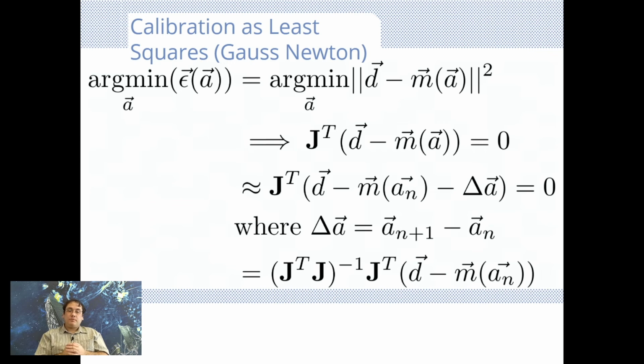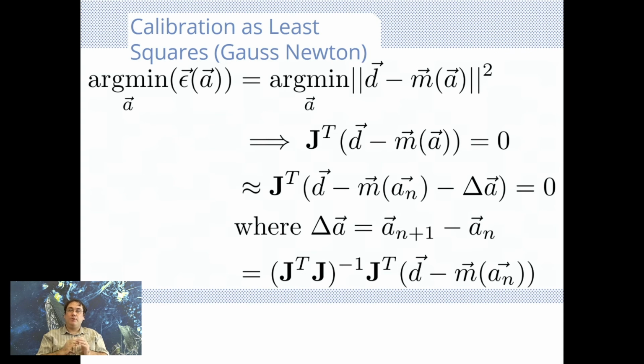All right. So how do we calibrate for these various different effects? Well, one of the simplest algorithms to minimize the error between what we are measuring and a model of what we should be measuring, affected by gain terms which we're solving for, is the ordinary least squares Gauss-Newton method.